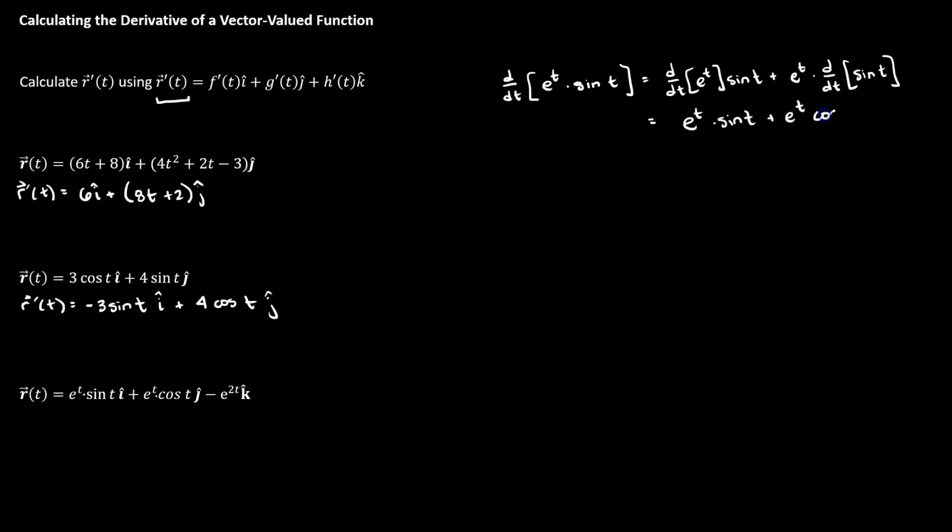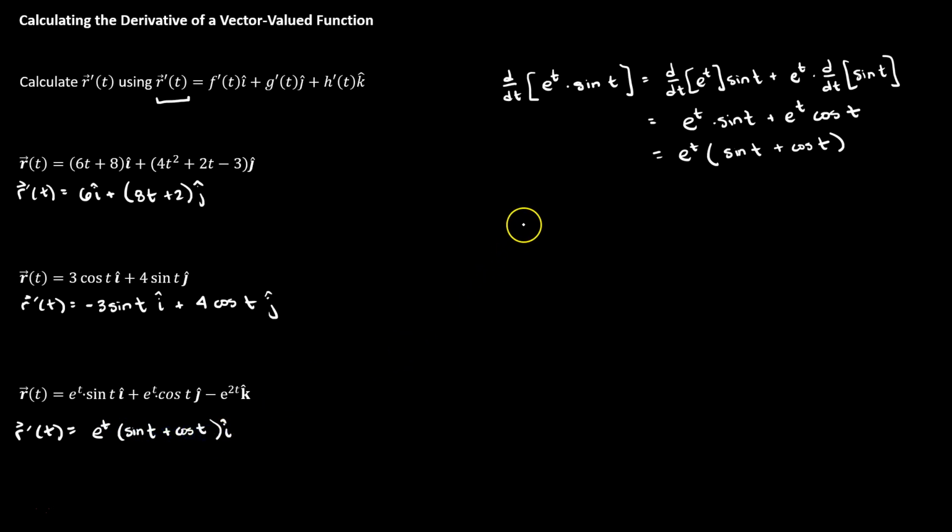Derivative of sine is cosine. We can factor off the e to the t if we'd like to keep things clean. And this would be the derivative of that first component function. So for r prime, we found that the i hat component turns into e to the t times sine t plus cosine t.